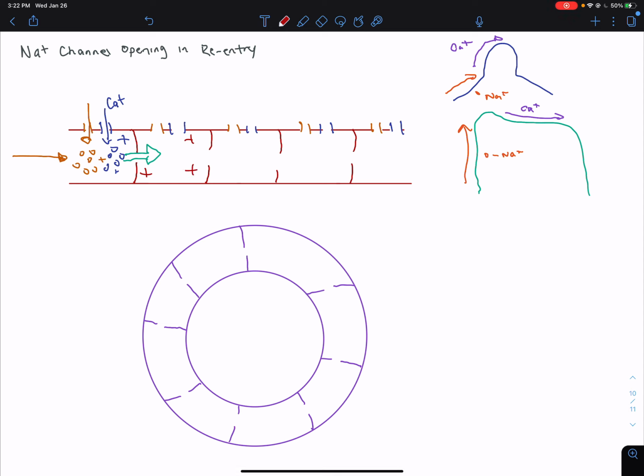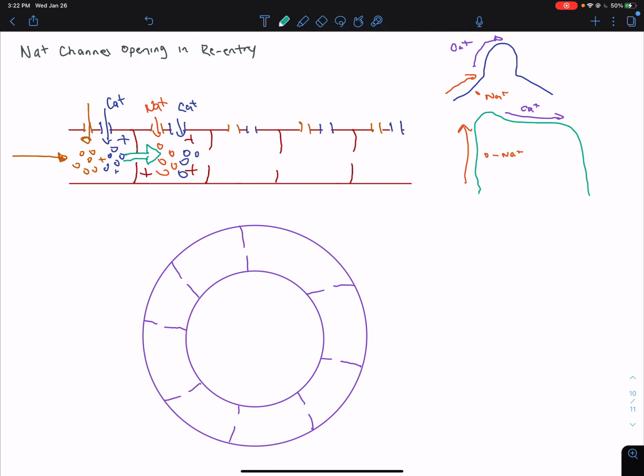So as these ions move into this cell and create a more positive environment, the next cell over will also lead to sodium influx and calcium influx. So calcium and sodium are moving in, and this is a self-perpetuating cycle.